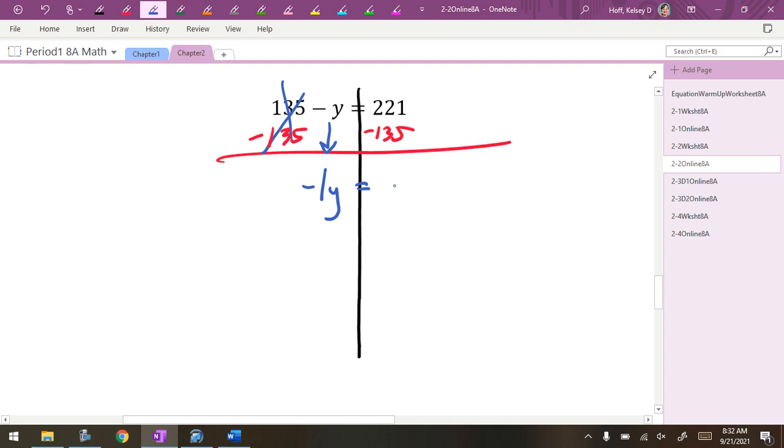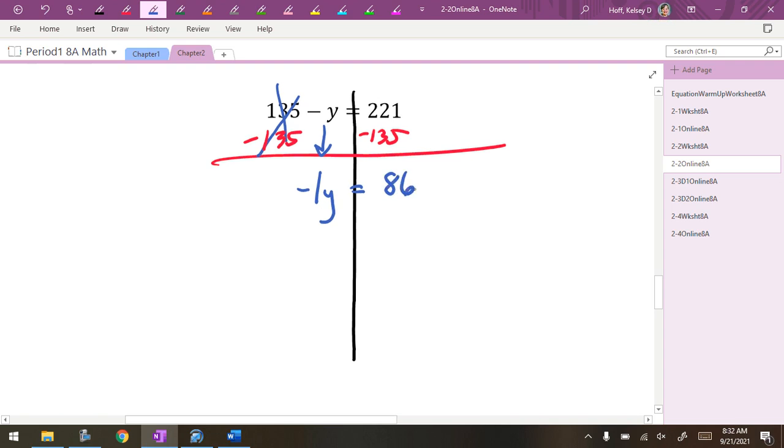Everybody on your calculator, nobody shout the answer. 221 minus 135. Miss Marilyn? 86. Now, we cannot quit here because this is a negative 1. And the whole goal is that we need to have a positive 1 coefficient. Bryce thinks he knows. What do you got? Very good. Just like we were dividing by 3, we divide by whatever our coefficient is.